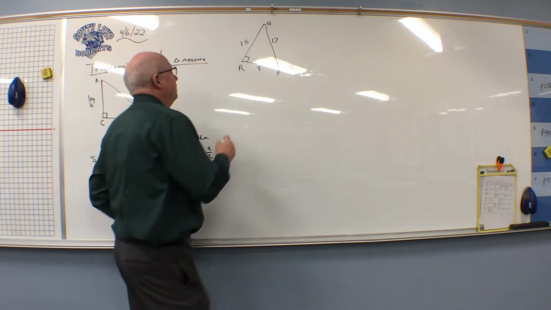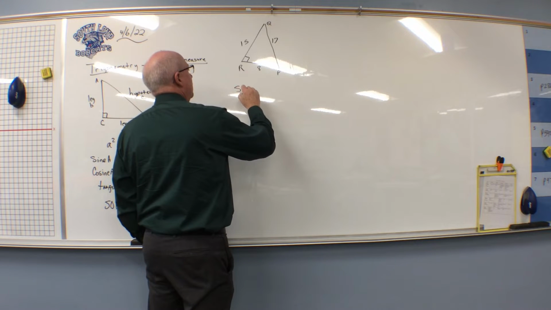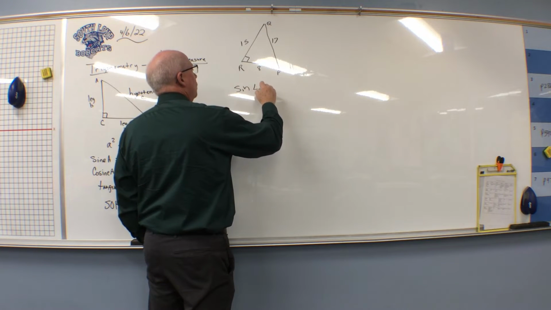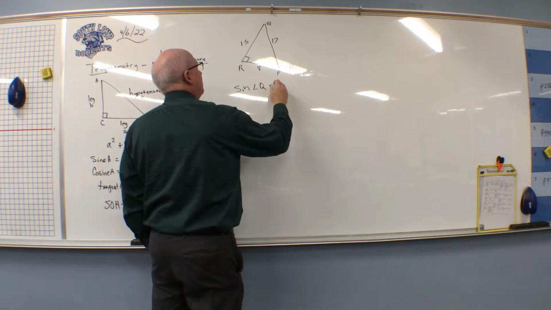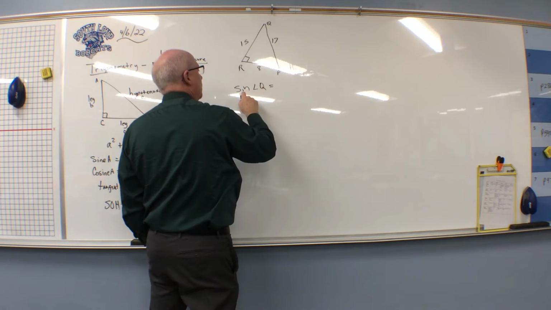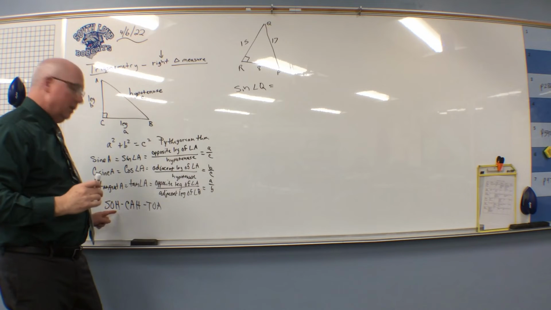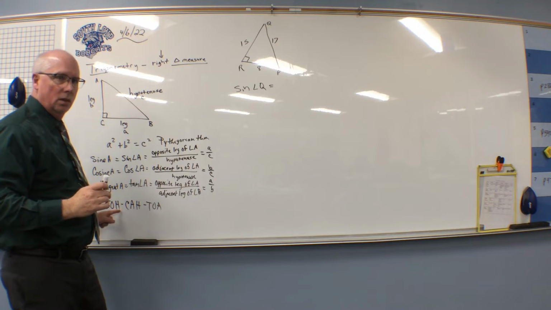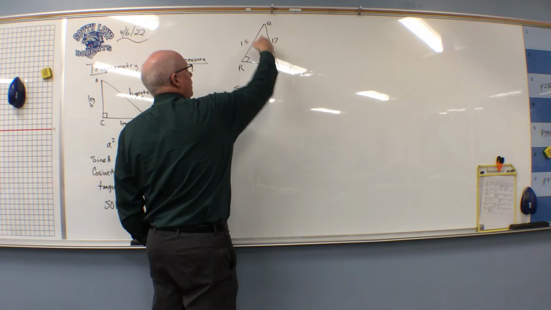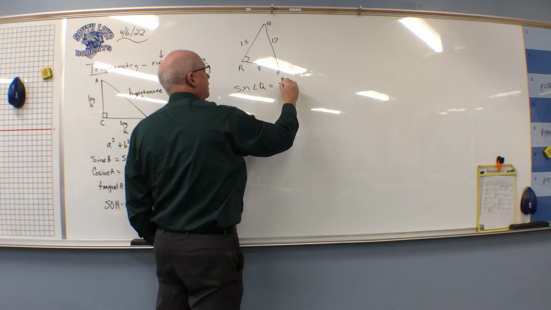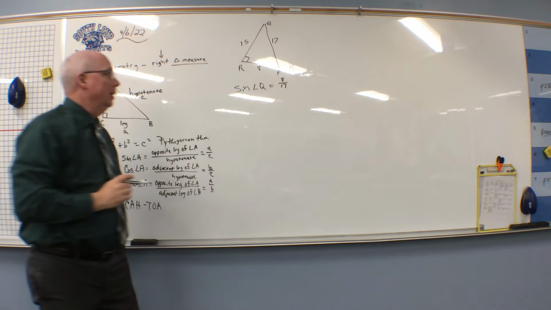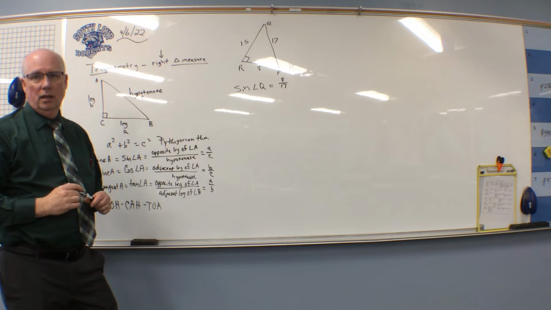Okay? So if I say the sine of angle Q, then I go up here and I look for angle Q, and I know that sine is opposite over hypotenuse. So I take the opposite leg, which is 8, over the hypotenuse, which is 17. So it equals 8 over 17.